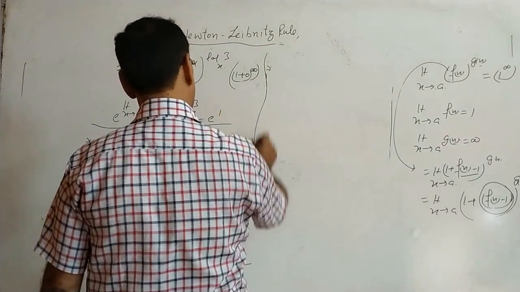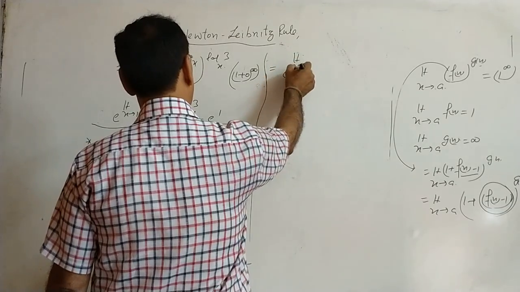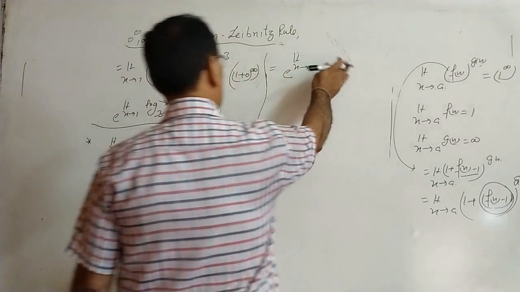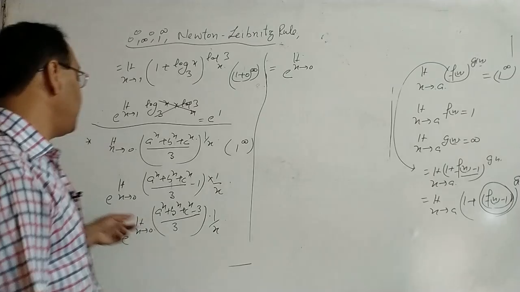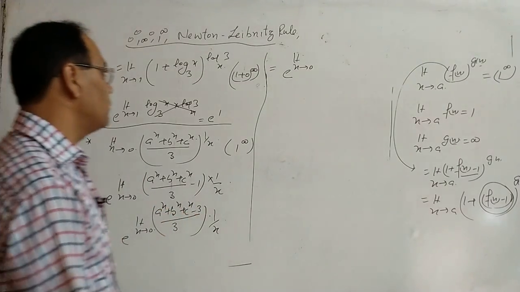So you may write this as e raised to power limit x approaches to 0. Now you can combine these three by taking 1 1 1 with these all part of the numerator.